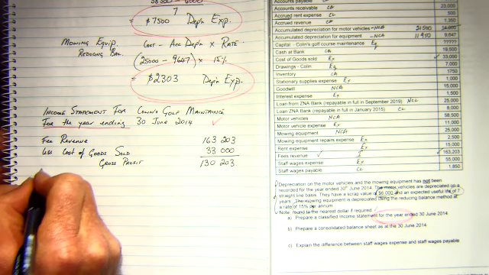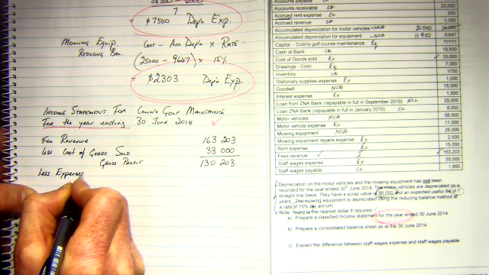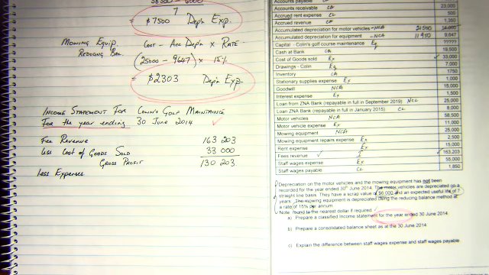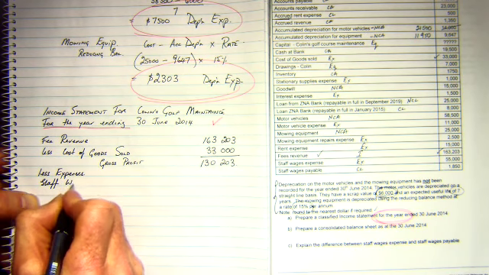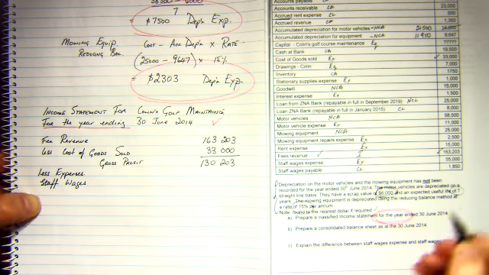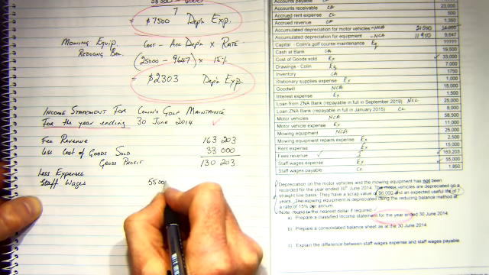All right, next I need to deduct my expenses. Shall I go from my biggest or smallest, or just go from the top down? I'll do my staff wages first, which is 55,000.